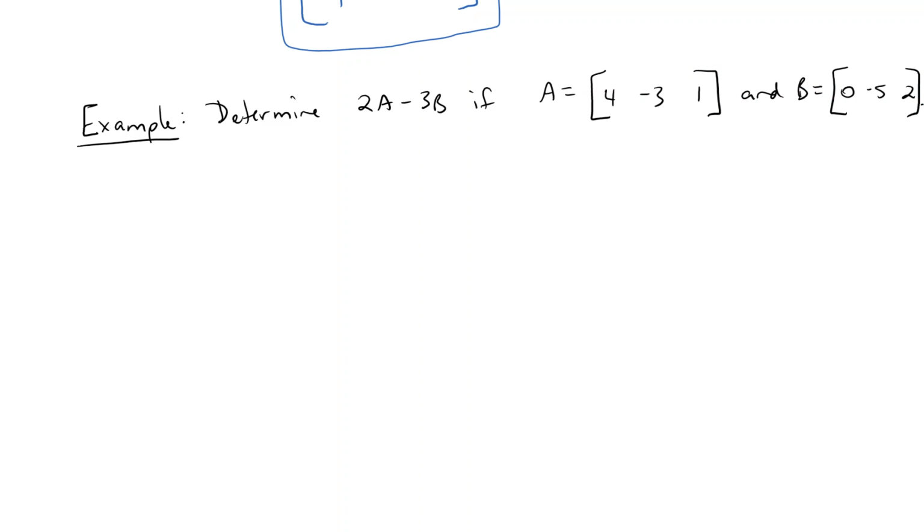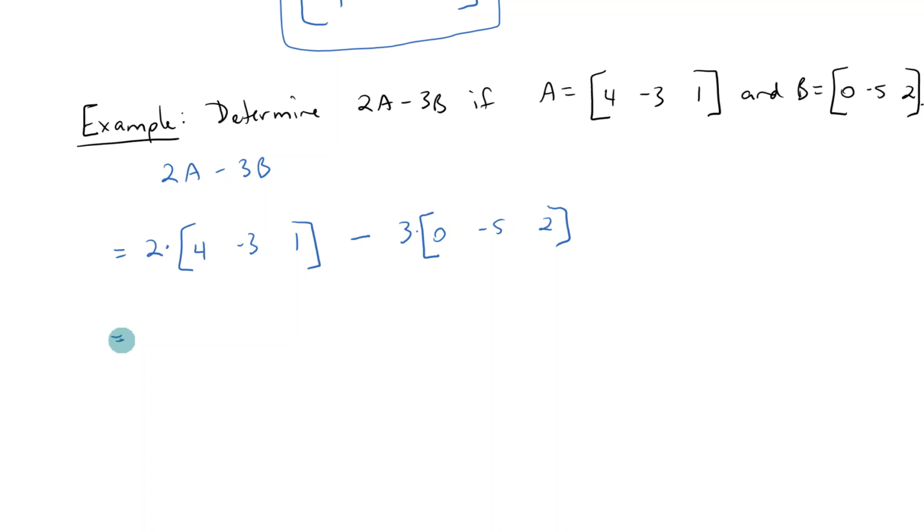So that's what we're going to start with. 2A minus 3B. That's the same thing as the scalar 2 times matrix A, which is written here as 4, negative 3, 1, minus 3 times, scalar multiplication again, times matrix B, which is 0, negative 5, 2.